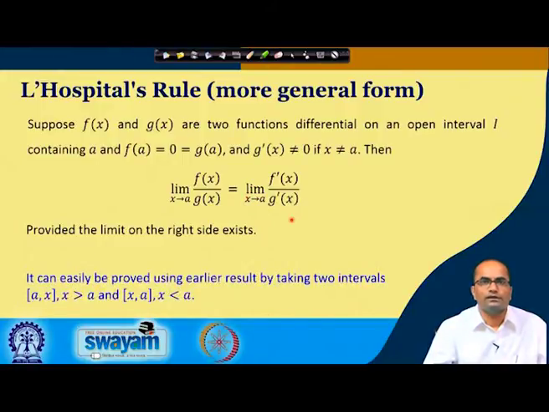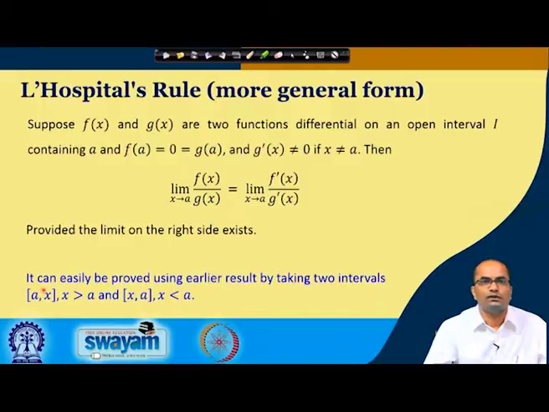And the proof is similar to what we have already done before, because now we can consider two intervals here. We consider the interval from a to x, taking x greater than a, and we can also consider the other interval from x to a, when x is smaller than a.